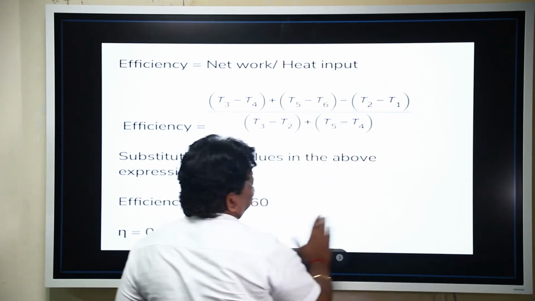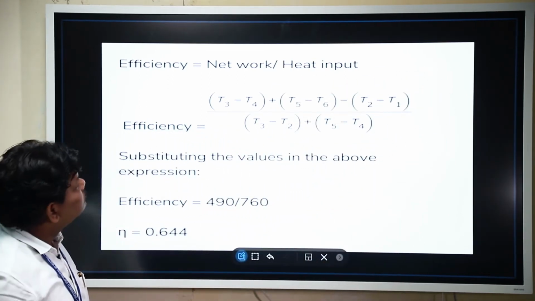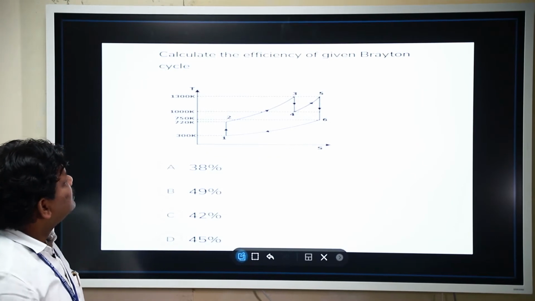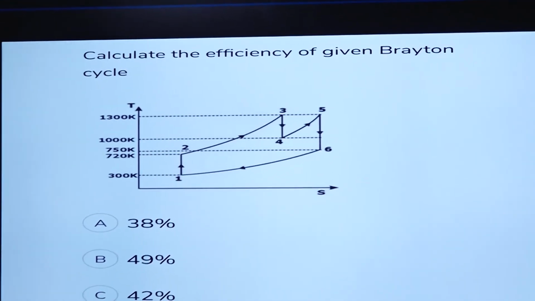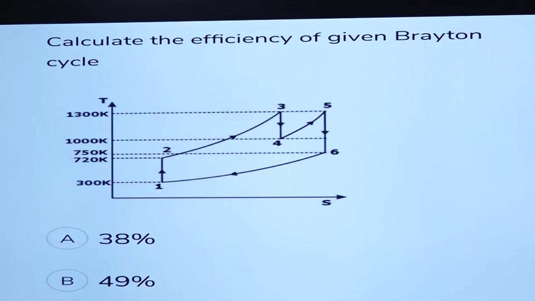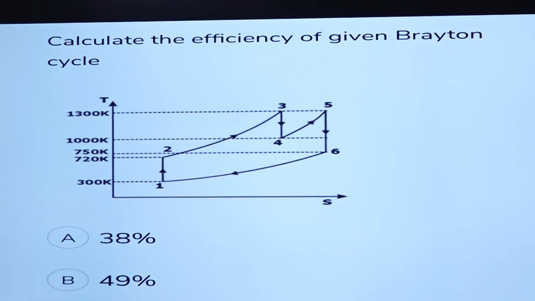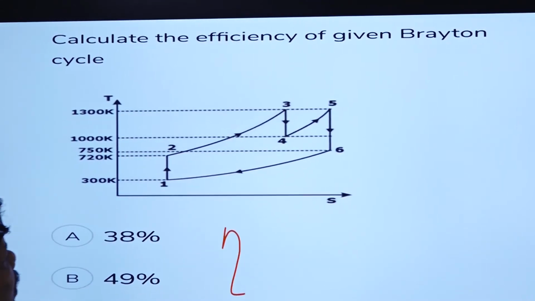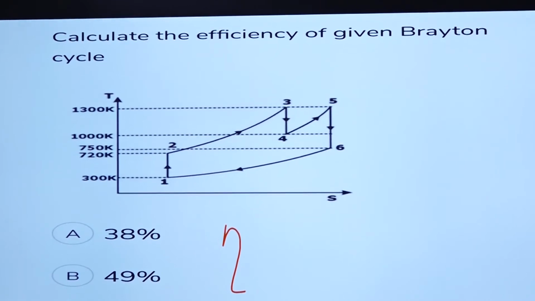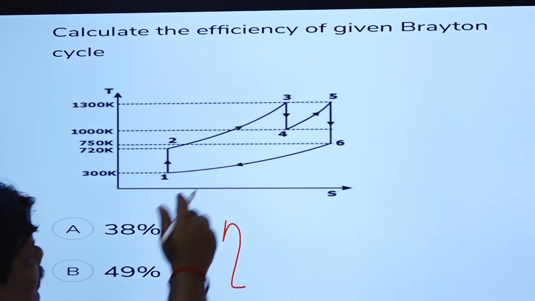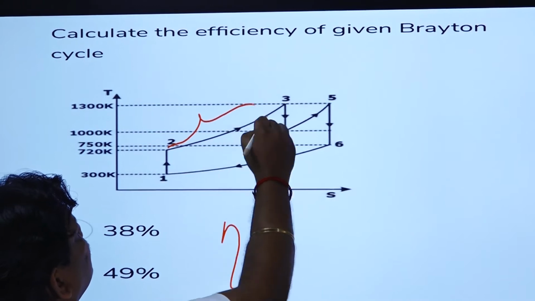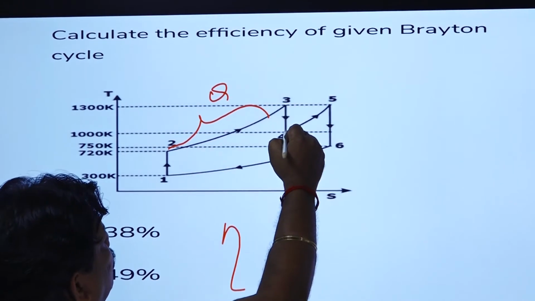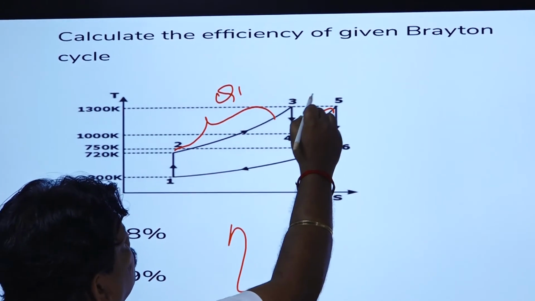The next question: calculate the efficiency of the given Brayton cycle. Options are given to you, and this is the diagram. The same formula you are going to apply for this. So eta, where this is Q, maybe Q1, maybe Q2.